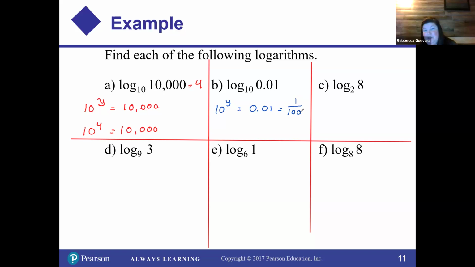I have 2 zeros down here, so instead of using a positive 2, we're going to use negative 2. It's like you're thinking, if this was 1, how many times do I have to move that decimal to get that number?